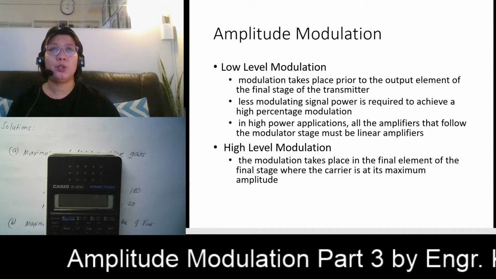Since the requirement is less signal power, if we use low level modulation in high power applications, we will need several amplifiers to follow the modulator stage, and those must be designed linearly.